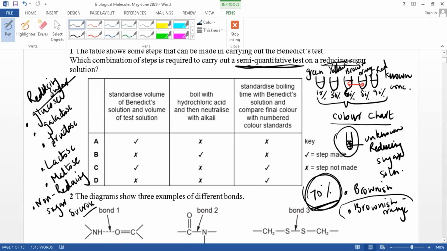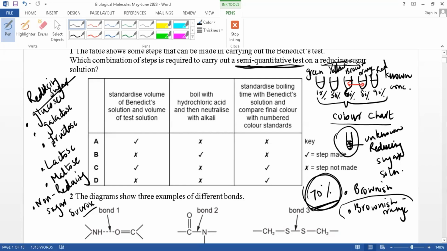I have done their Benedict test and made a color chart. I'm getting green for 10%, yellow for 30%, brown for 60%, orange for 80%, and red for 90%.